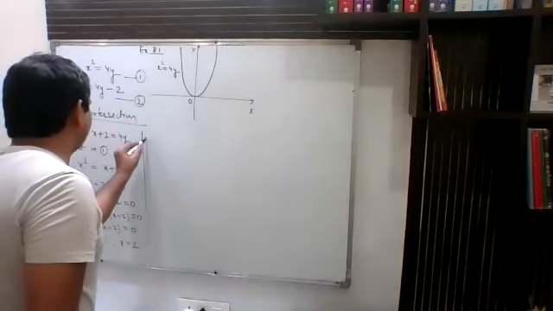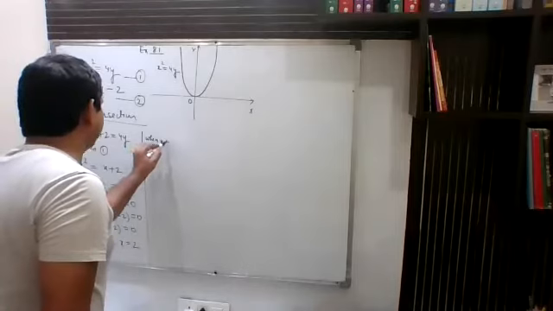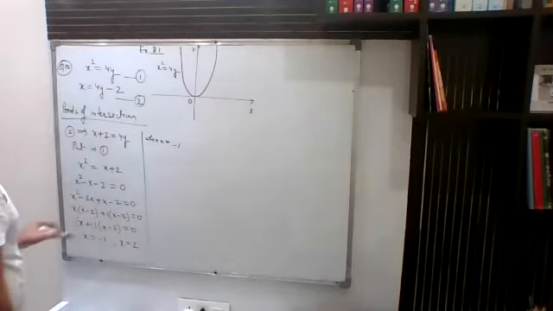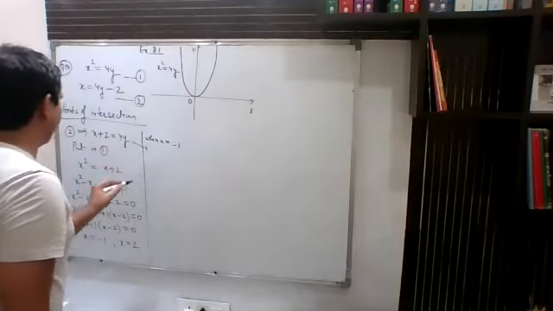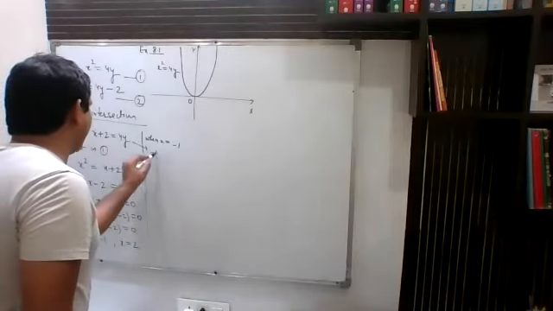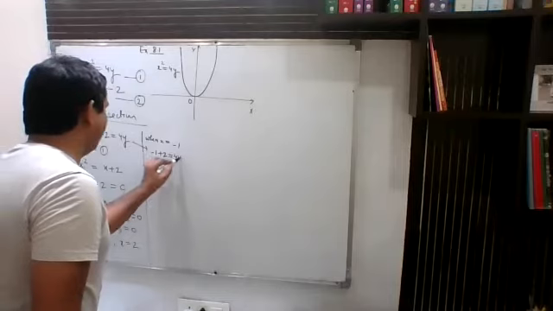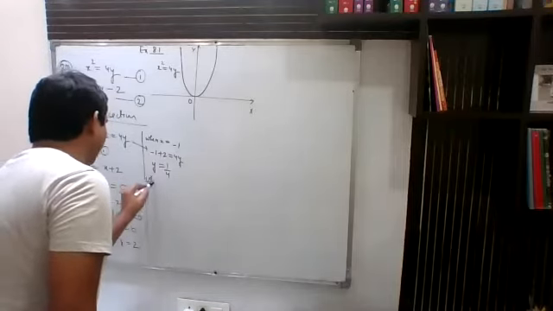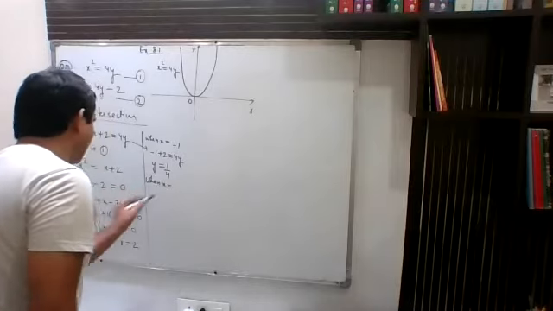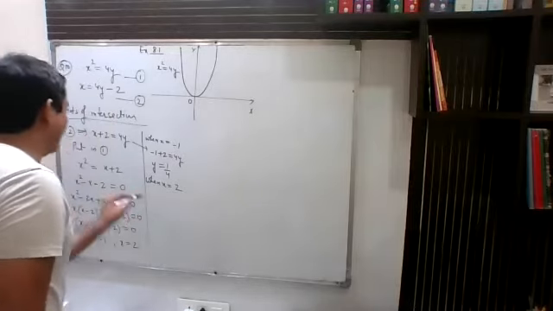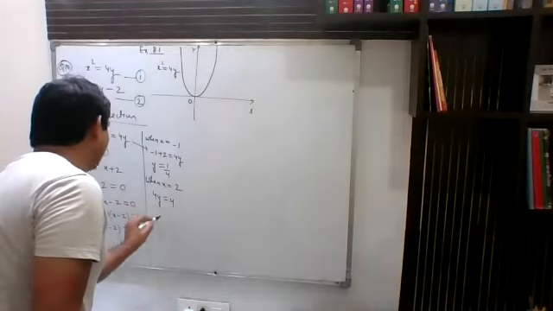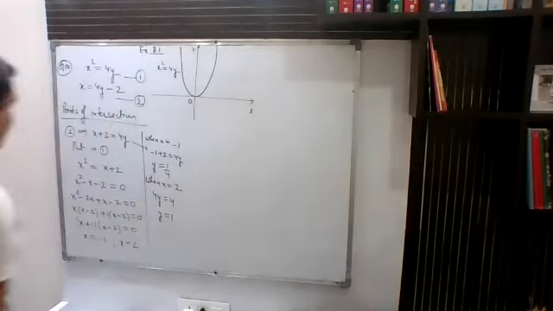When x is minus 1, substituting over here gives minus 1 plus 2 is equal to 4y, so y will be equal to 1 upon 4. Similarly, when x was 2, you put 2 over here, so you will get 4y is equal to 4, so y will be equal to 1.